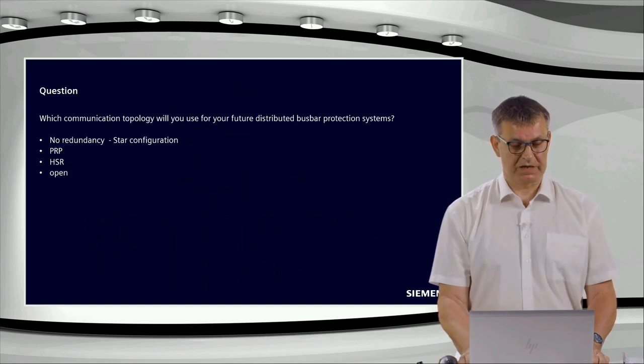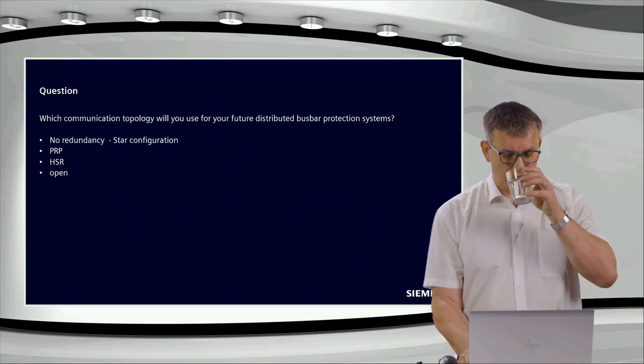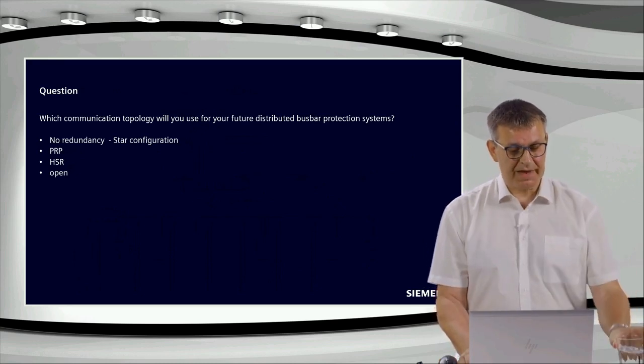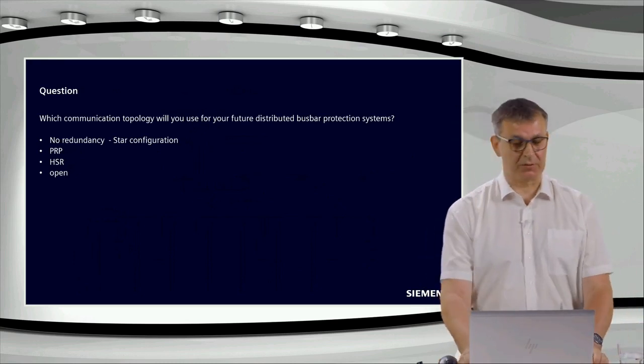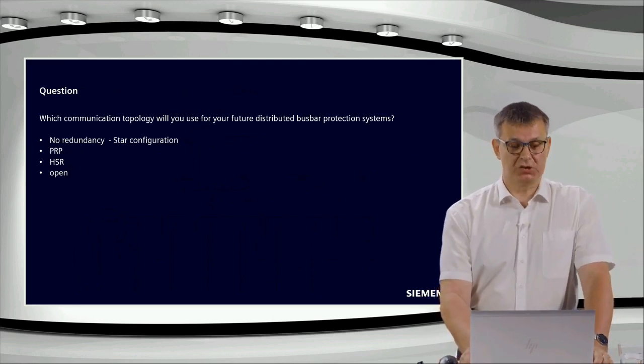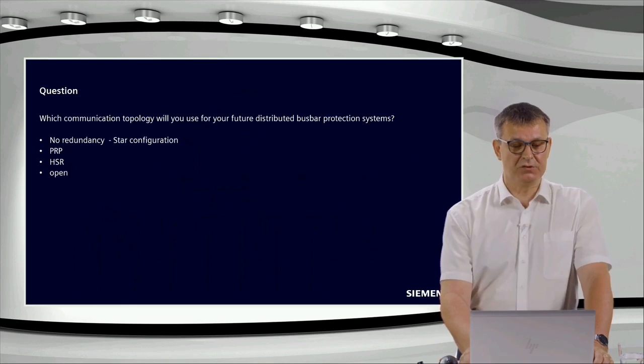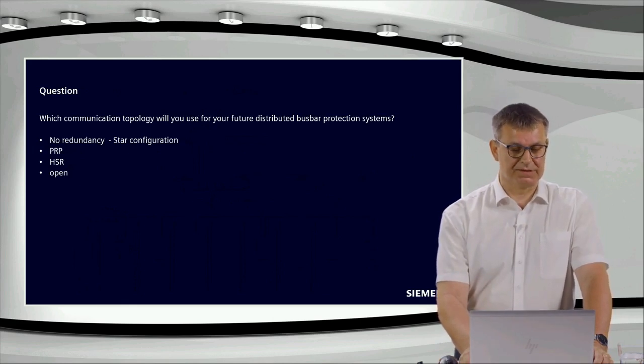Okay, now I'm finished with the communication topologies. And now I have a question to the audience. Which communication topology will you use for your future distributed busbar protection systems? Is it fine for you, as in the past, to have no redundancy, like the star communication?